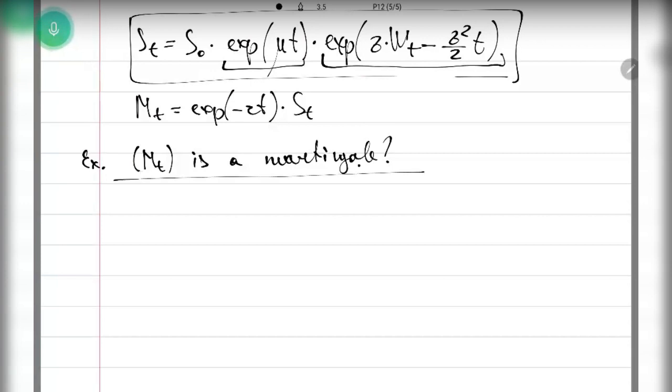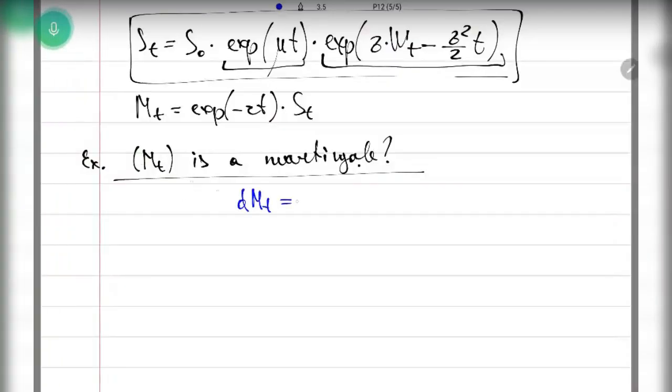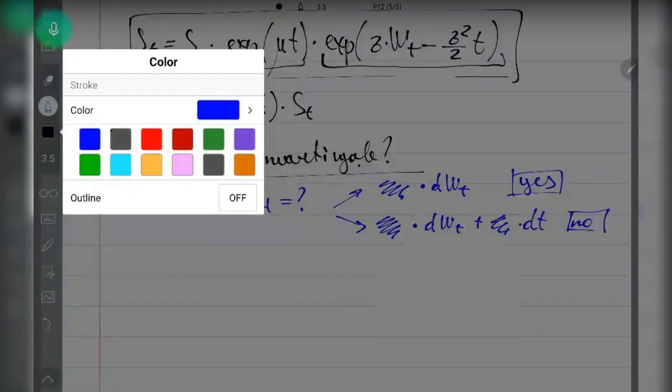We have a very powerful tool to check: we just apply Ito's lemma and calculate dM_t. If dM_t has the form of something times dW_t, then yes, it's a martingale. If it has the form something times dW_t plus something times dt, then the answer is no. We have an easy way to check whether something is a martingale.